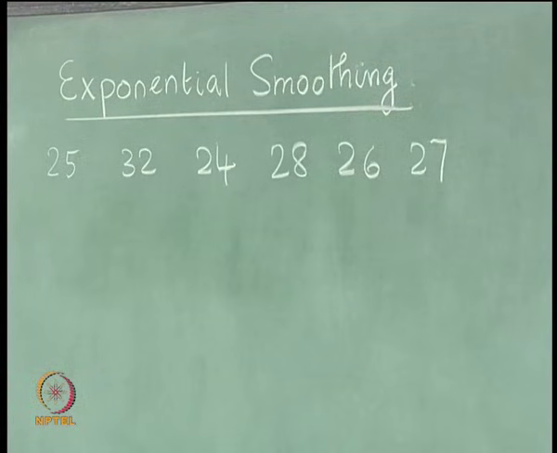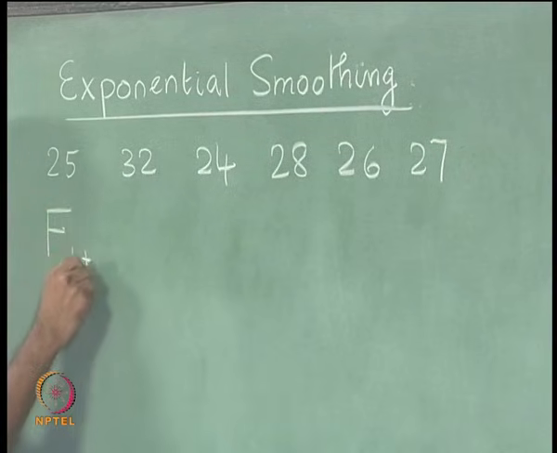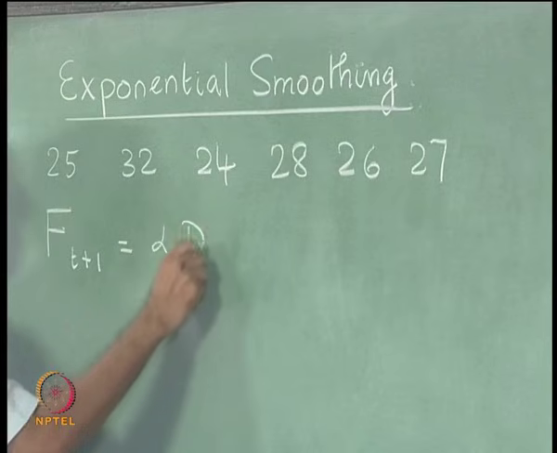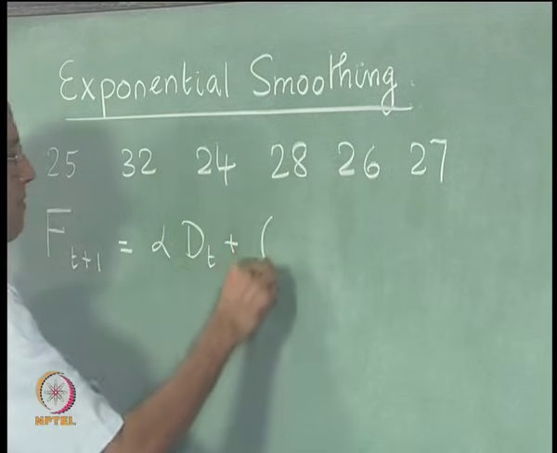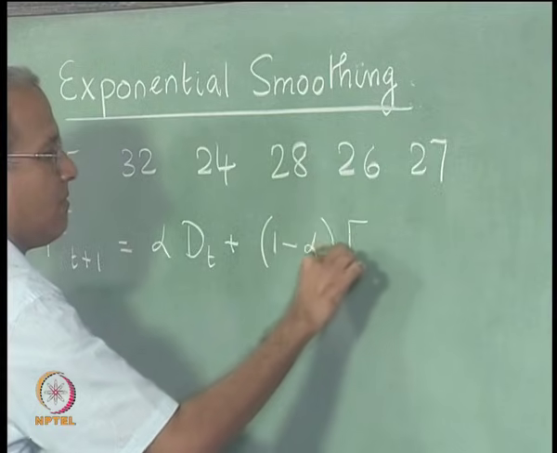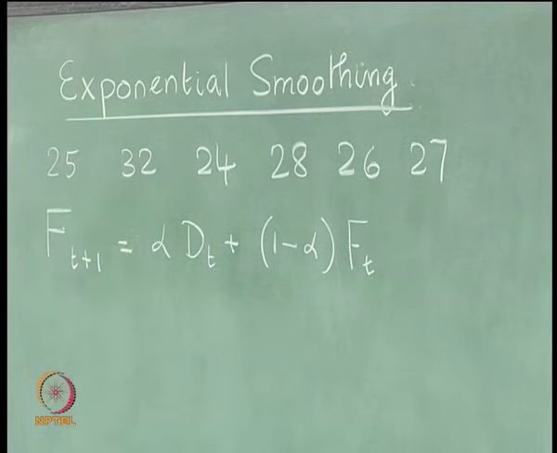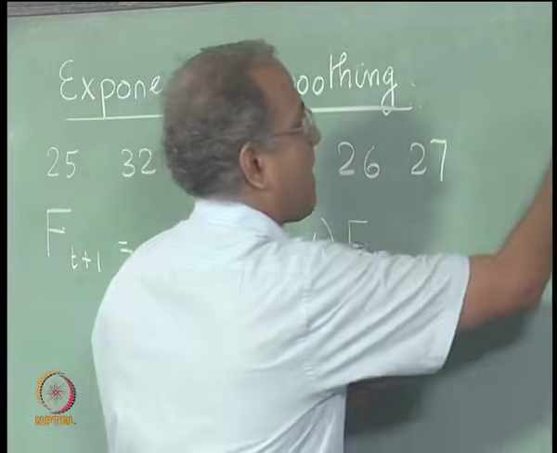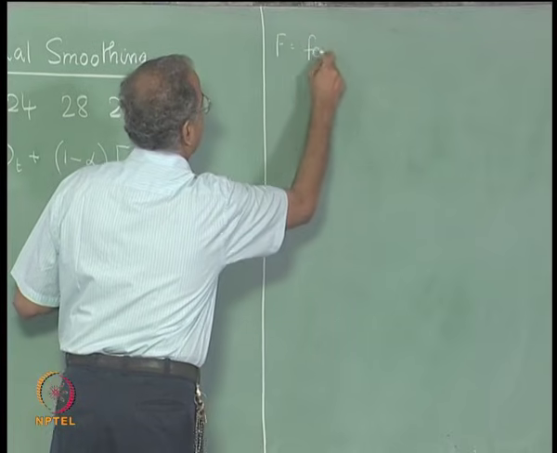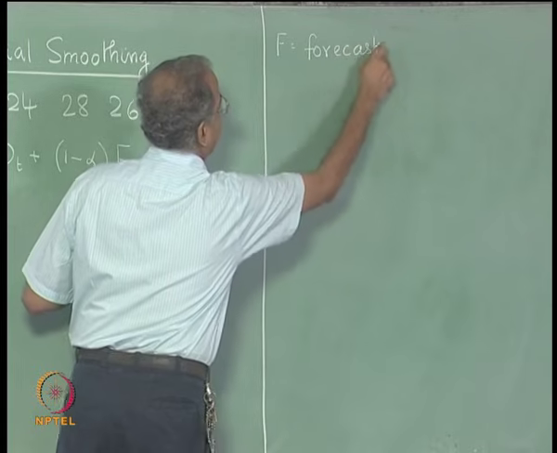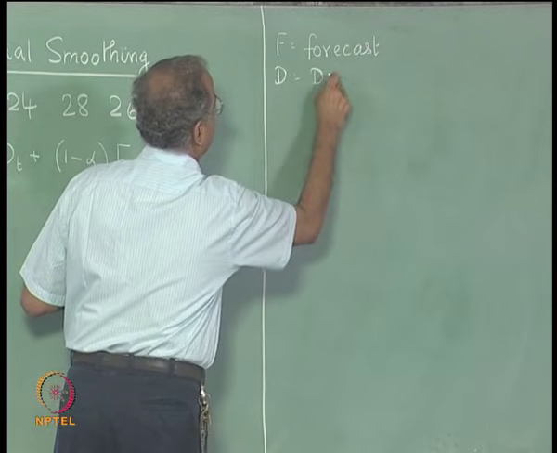Now, the exponential smoothing equation comes from F(t+1) = alpha D(t) + (1 minus alpha) F(t). I am going to follow this notation for some time, where F represents the forecast, and D represents the demand.